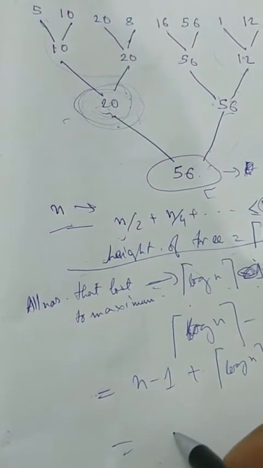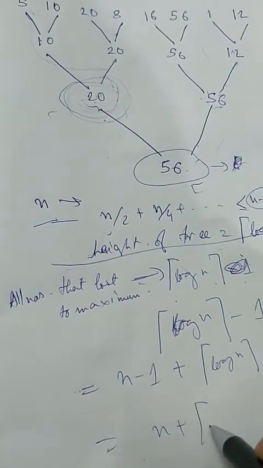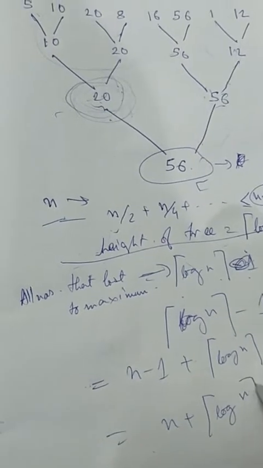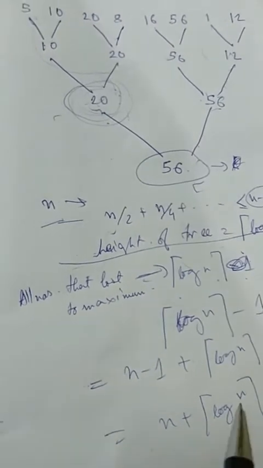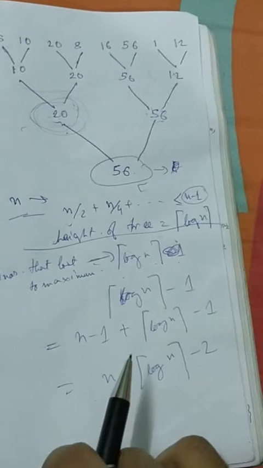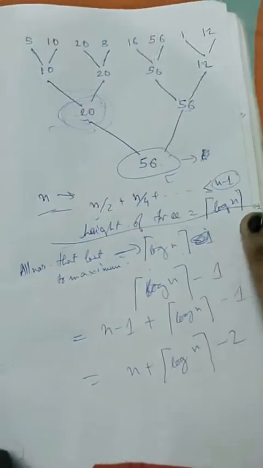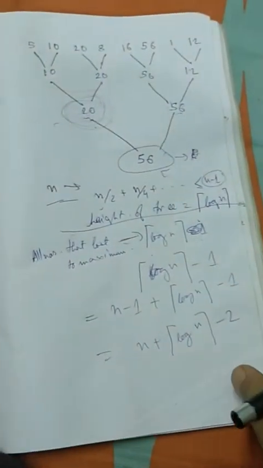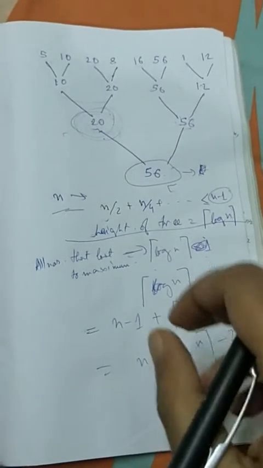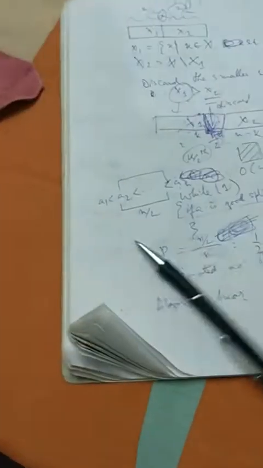So basically n plus ceiling of log n minus 2. It's a basic interview question, often asked. So that's it.